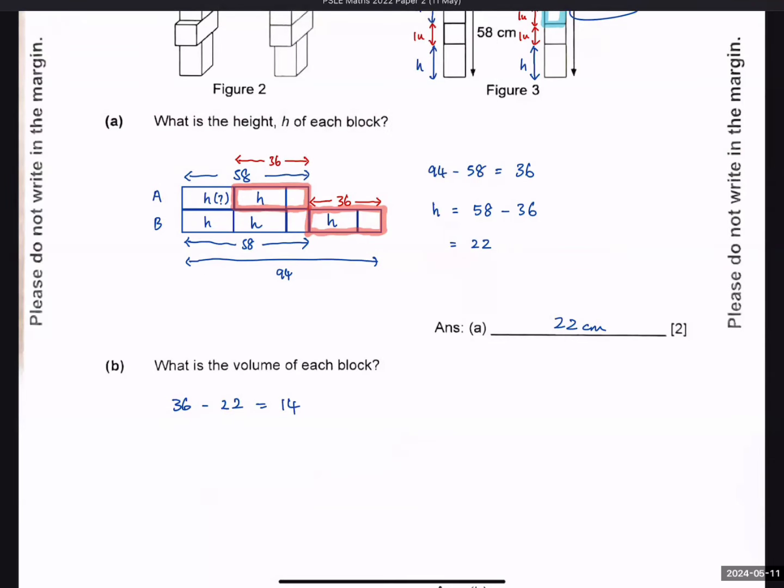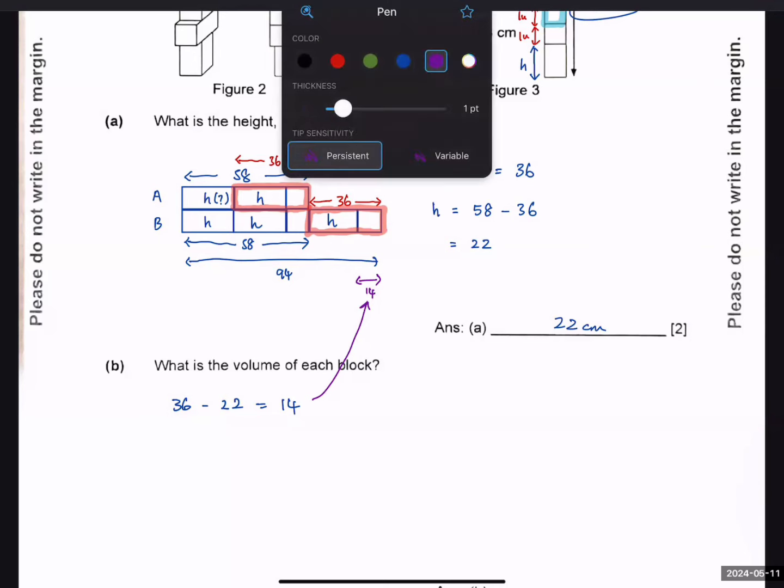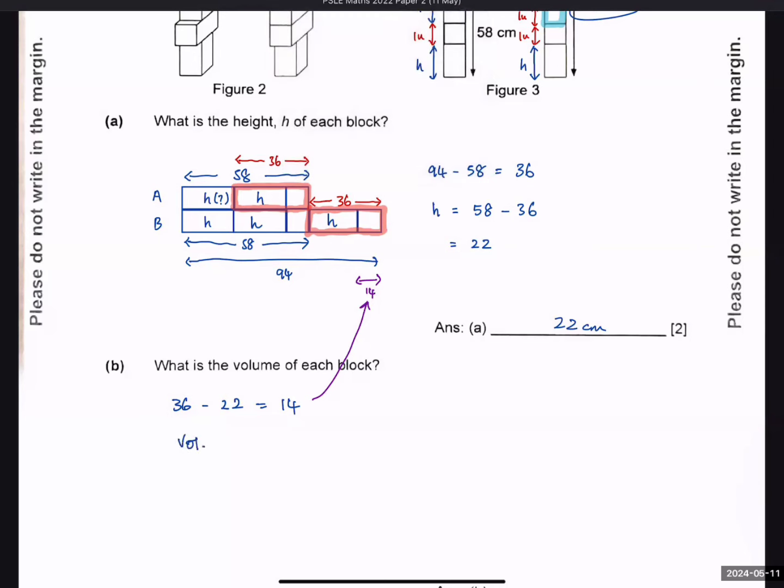Okay, so that will mean that from the model, you will get this is 14. And because it's a square base, you can now find the volume of each block.